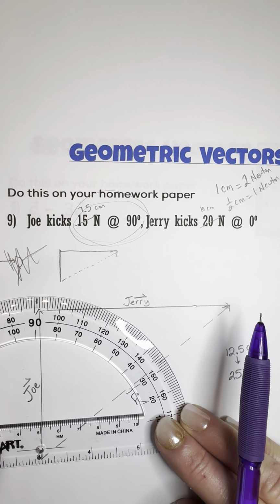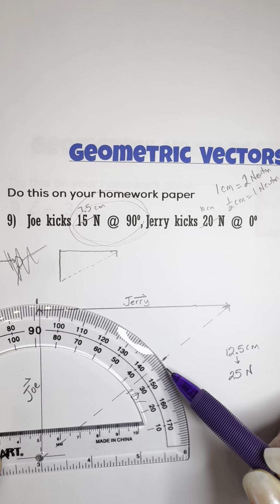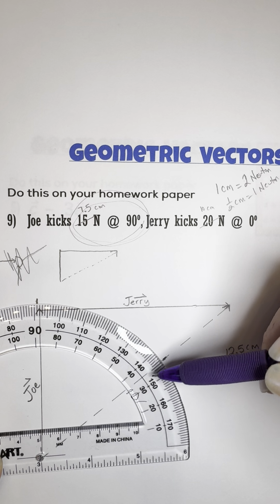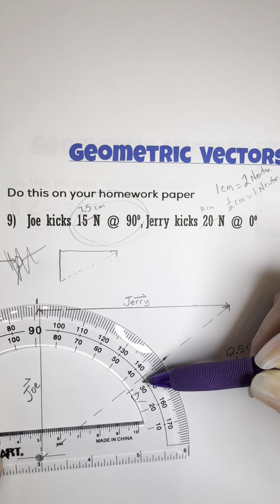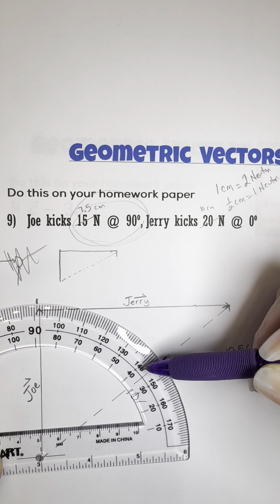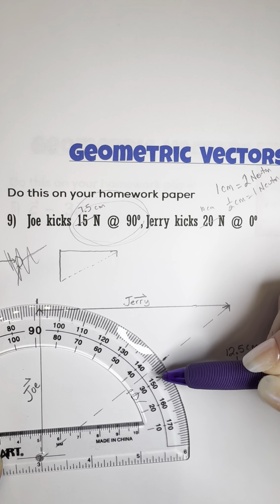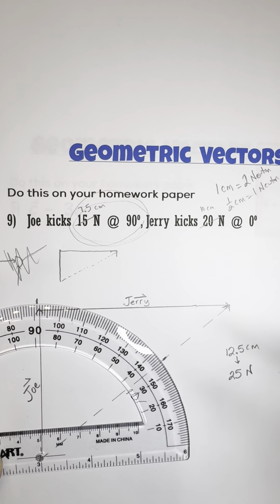And so it looks to me like it hit right here at, now the question is, do I want to say that it's 145 because it's between the 140 and 150? Or would I want to call it a 35 because it falls in there? Well, which number am I supposed to be using? Well, you got to use your common sense. It's going towards the first quadrant. I want that to be a 35, not 145. 35 degrees.